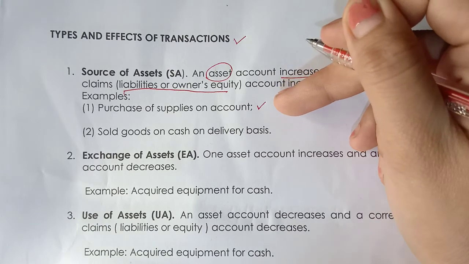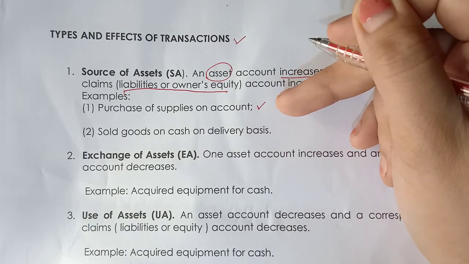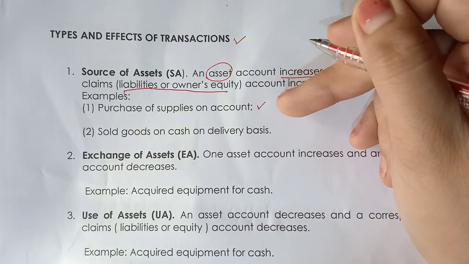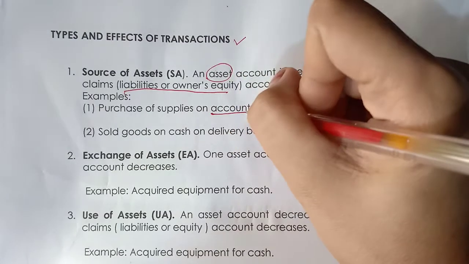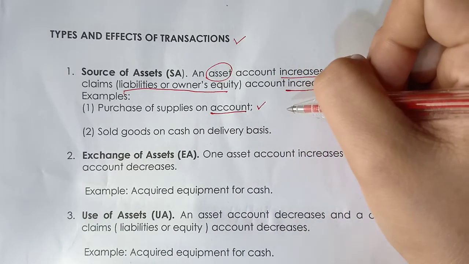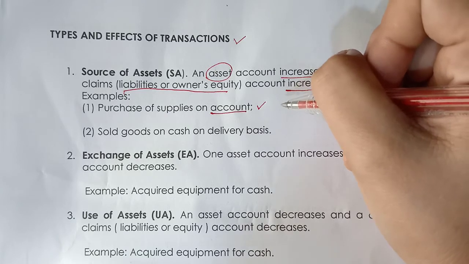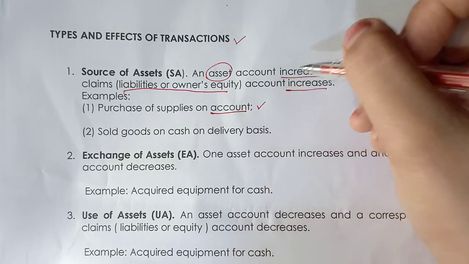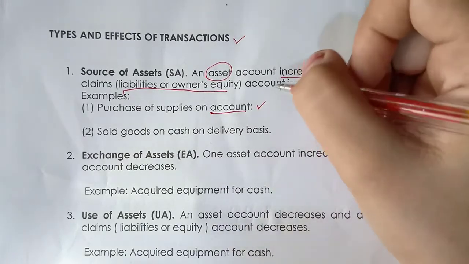It means the business bought supplies on account. When we say on account, ibig sabihin, inutang. Bumili ng supplies pero inutang. So, that is why it increases asset and also increases liabilities.